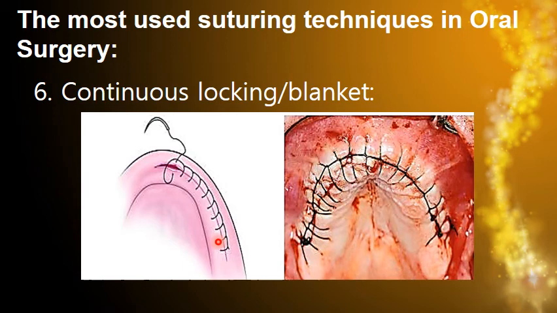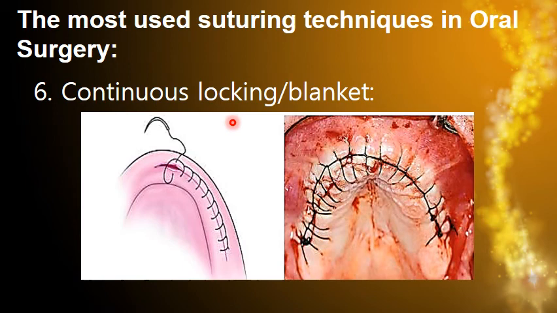But before I withdraw the suture, I will enter it through the stitch, like here. When I enter it here, before I do the tightening, I enter the needle or the thread below the stitching, and thereby I will have this blanket suture formation. It is also indicated in a long edentulous area.